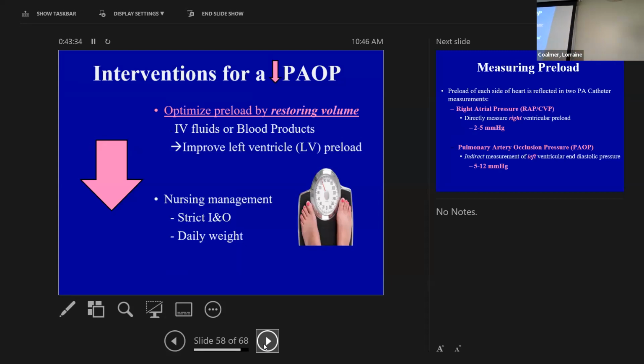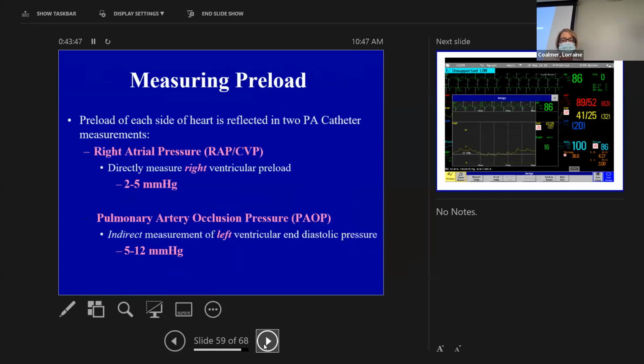If I am just vomiting and losing volume, they're going to probably give me IV fluids, right? Whatever the issue is. Daily weights, strict I&O, I can't drill that into your head enough. So I broke this down again to remind you. Right side CVP, left side wedge. Make sense? It's just reiterating it.